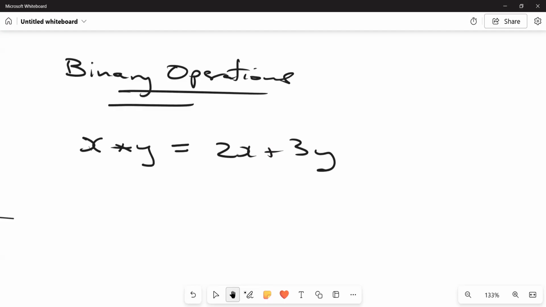I know you might want to know what you are going to do with it. For those who will venture into computer science, this kind of thing is very useful in programming, where you define what to do with two numbers. Whenever the program sees x asterisk y, it will multiply x by 2, multiply y by 3, and add them together.